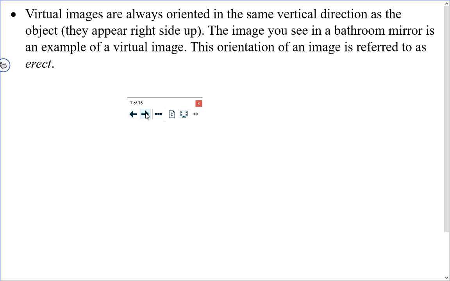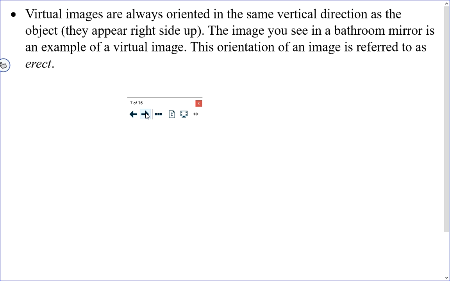Virtual images are always oriented vertically in the same direction as the object creating the image. So even though we don't really care about plane mirrors today, when you look in a bathroom mirror at your image, you are looking at a virtual image. It is not a real image, which means no matter how hard you try, you could never reflect that image off of the mirror onto a sheet of paper or onto a wall.